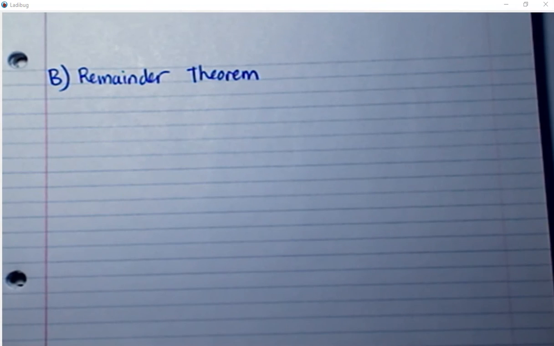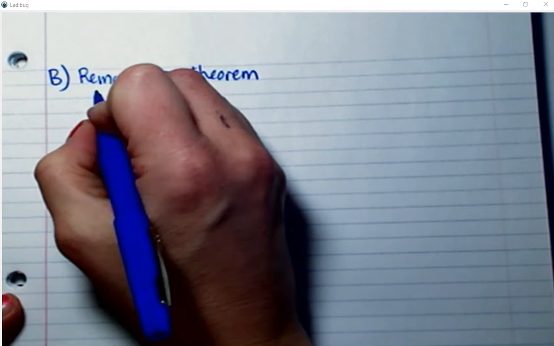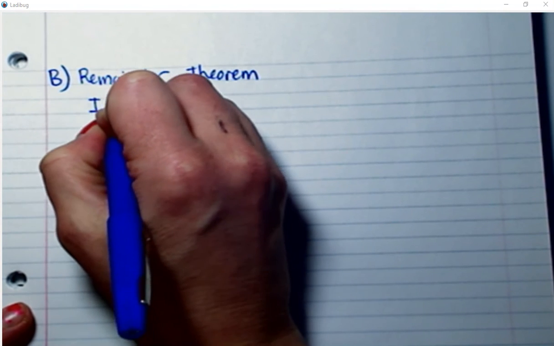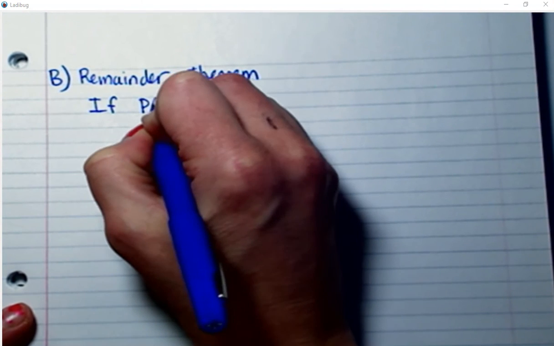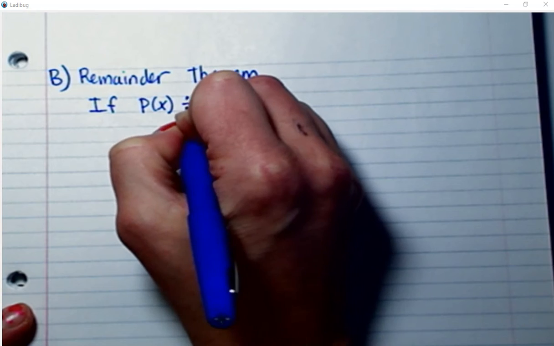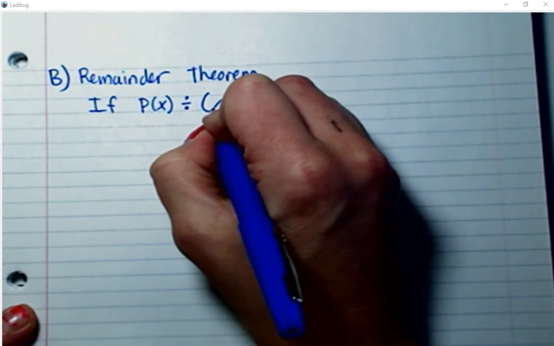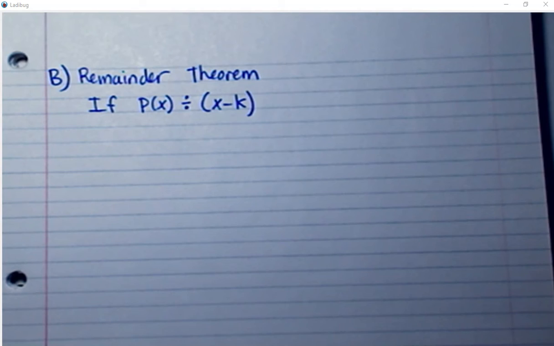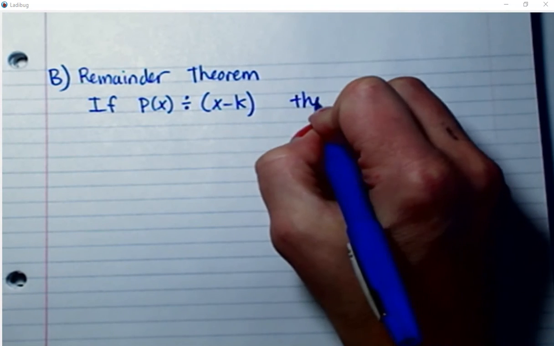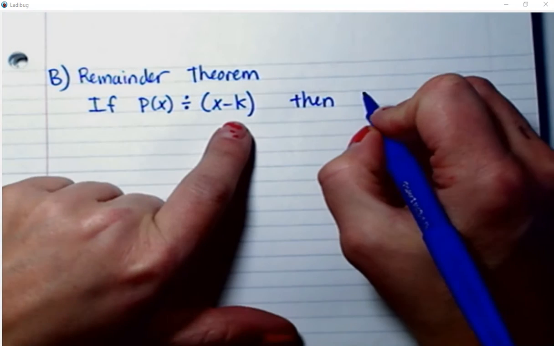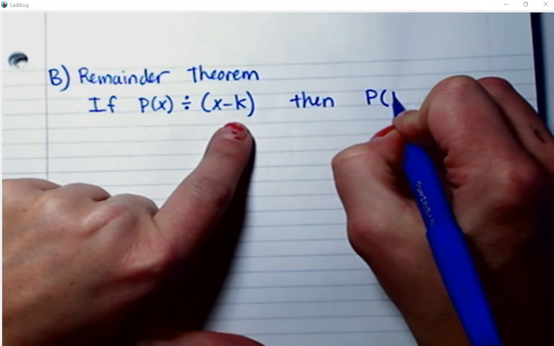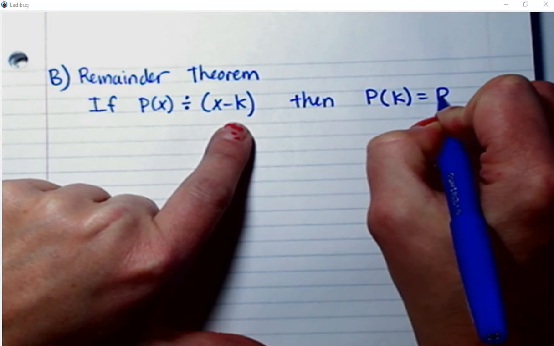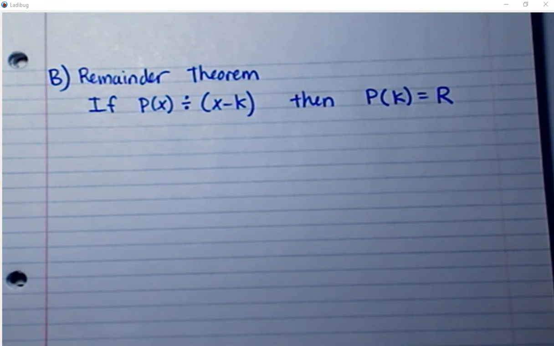The remainder theorem says if a polynomial is divided by this linear factor, that's what we're dealing with, then P of K equals R. I know there are a lot of letters there.